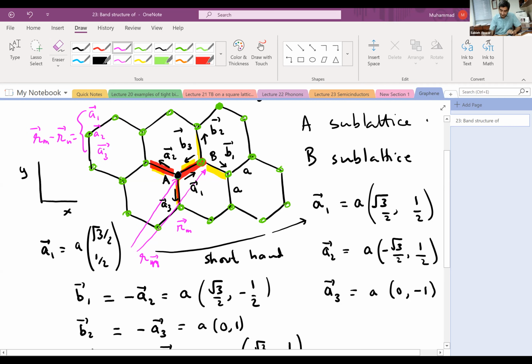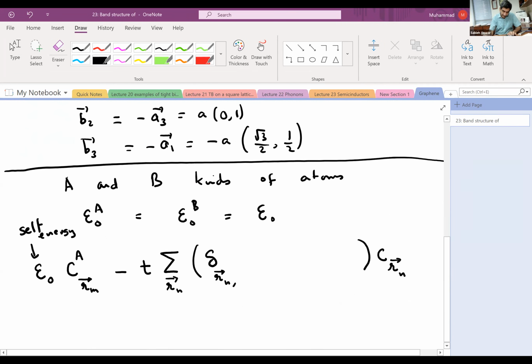So exactly the same argument would let us write these Dirac delta functions in this form: delta Rn, Rm plus a1, plus delta Rn, Rm plus a2, plus Kronecker delta Rn, Rm plus a3. All right, and this must equal the total energy times C of Rm.